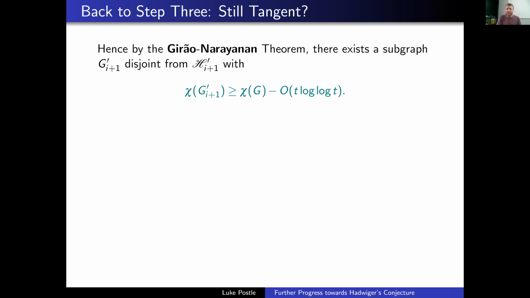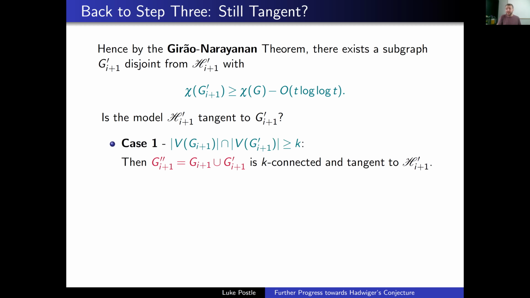But the question is, is it tangent? So we rebuild it, we refind it, but we were tangent to what we thought was the future, right? We had a gi plus 1 in mind, but then we lost too much chromatic number, so we rebuilt and we used their theorem to find perhaps a different thing. Is it the same? Is that future the same one we were tangent to?